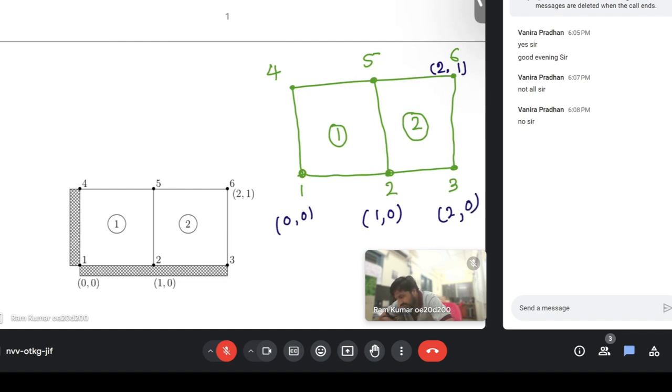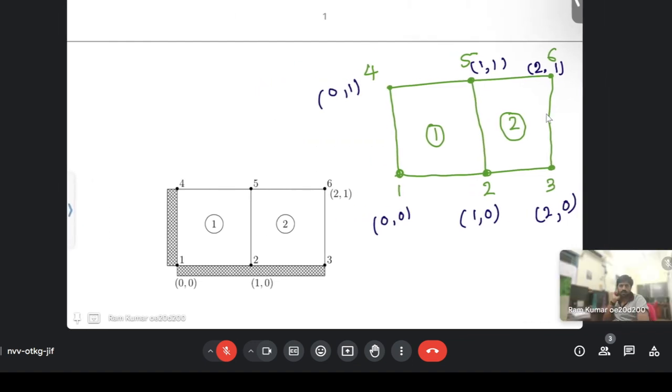This will be 1, 1. This will be 0, 1. So this is the element, and we have to find so many things.